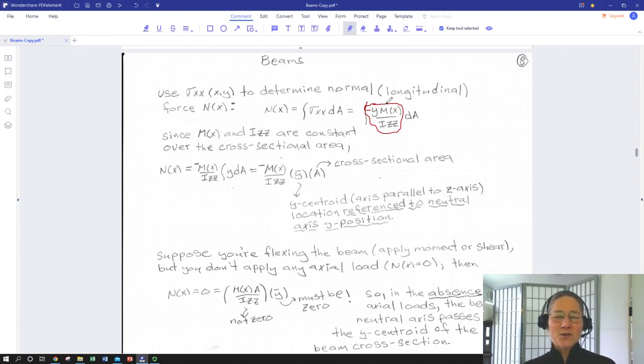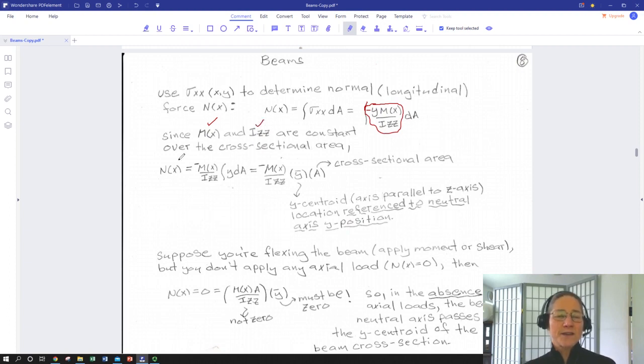If we look at this integral for any x position along the beam, because remember we're integrating the area of the cross section, and that cross section is being taken at a given x location along the beam. Let's say for any x position along the beam, the moment is constant, and let's assume we have a uniform cross section everywhere on the beam, and even if it weren't, at any given x location our Izz is going to be constant.